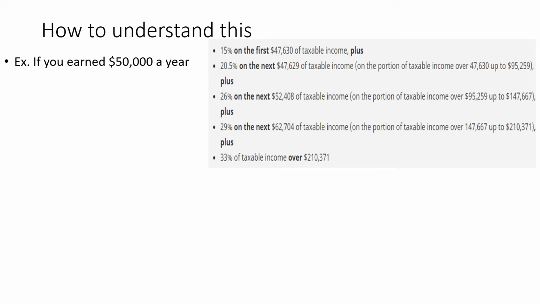So in your guided notes, you should have one example right here, and it is if you earned $50,000 a year, we're going to calculate your taxes right now. So if you earned $50,000 a year, this means on the first $47,000, you are going to be paying 15%.